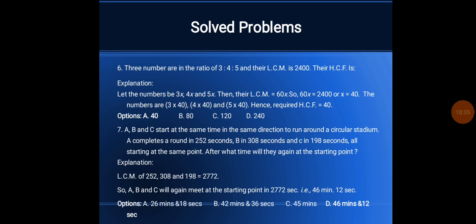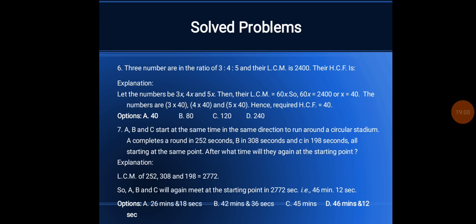We have to find this. So find the LCM of 252, 308 and 198. The LCM of these numbers is 2772. Okay, so we convert this into minutes, so divide by 60.